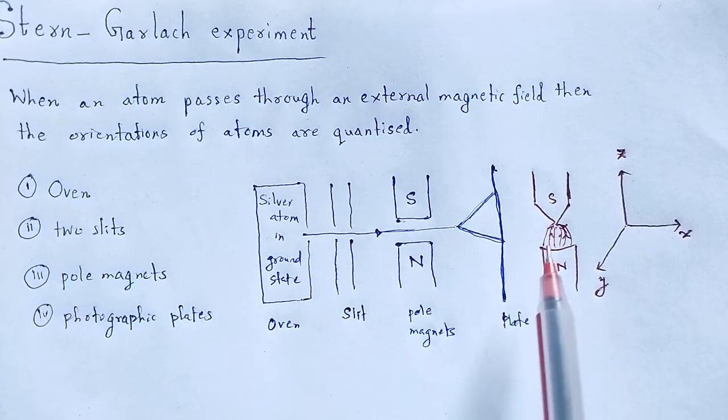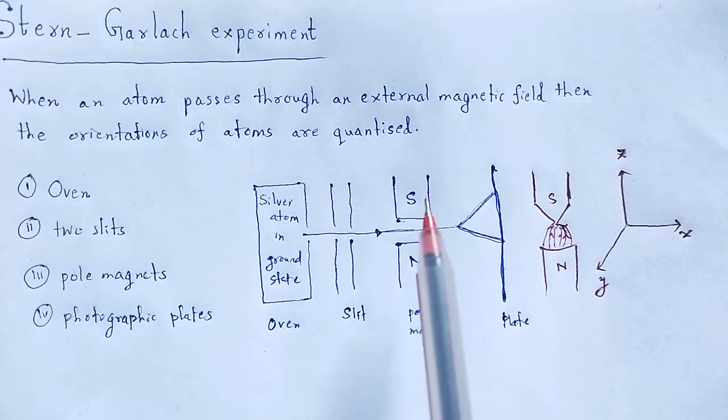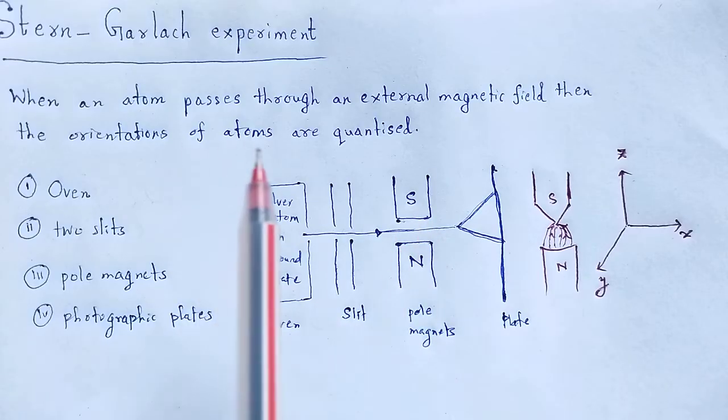Why do we choose the non-uniform magnetic field for the Stern-Gerlach experiment?